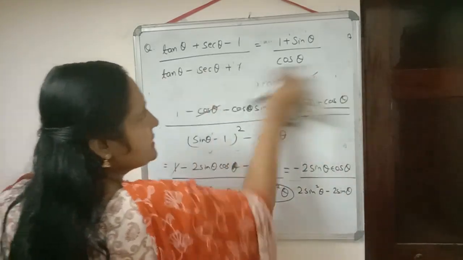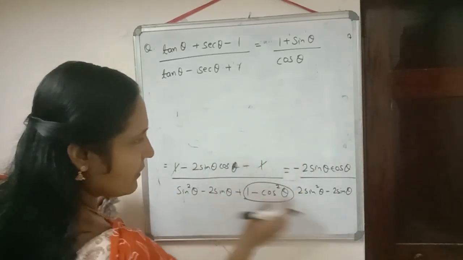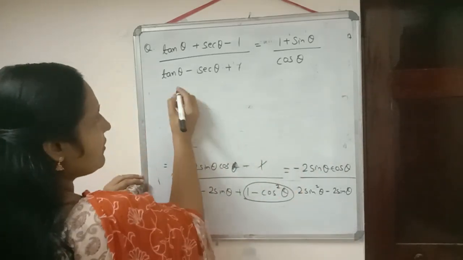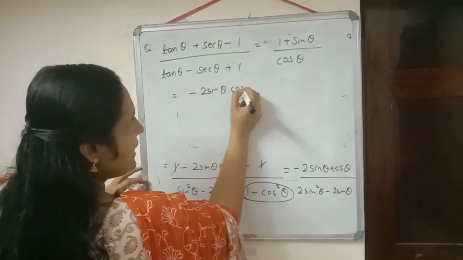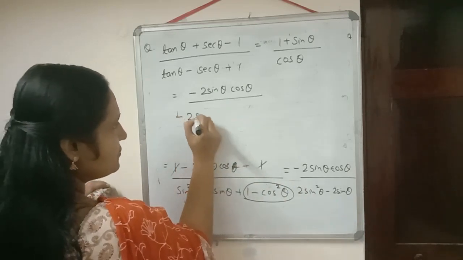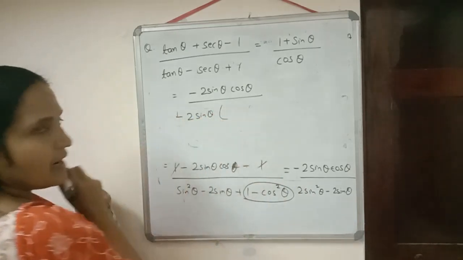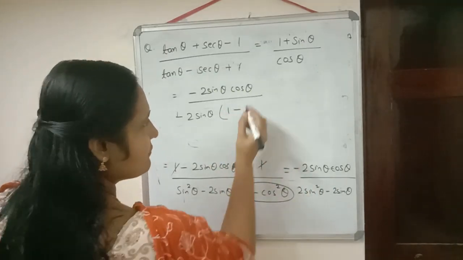Okay. Now just to check, on the right hand side we want only plus there. So from here can we take the negative sign common? Minus 2 sin theta cos theta as it is. From the denominator I am taking minus 2 sin theta outside. Then this expression will become positive and this expression will become negative.